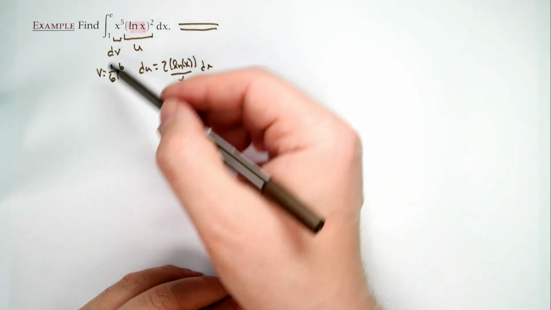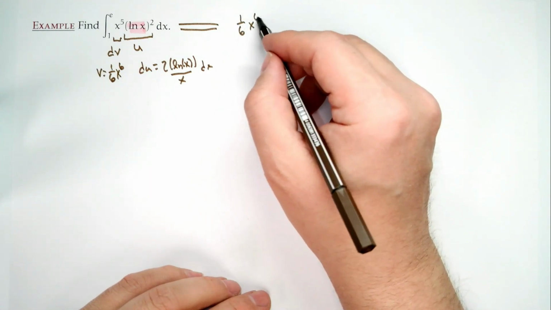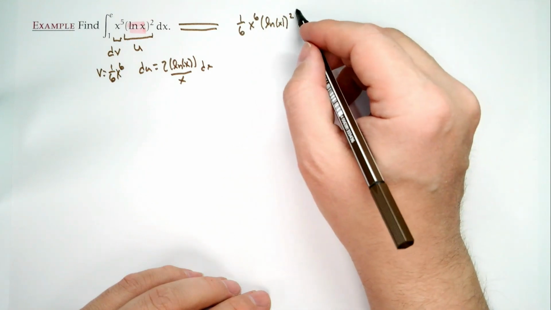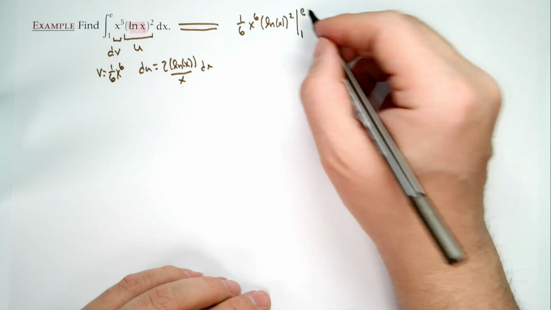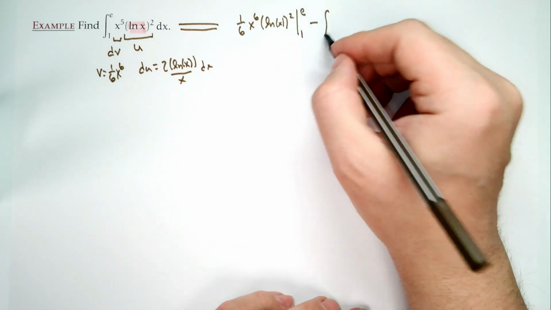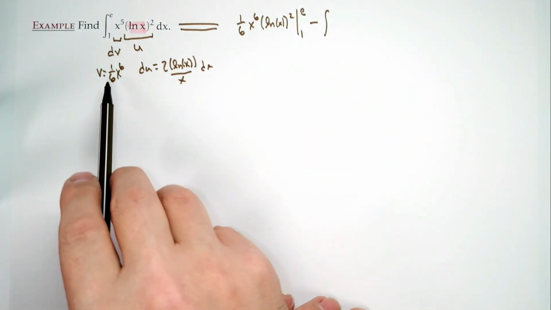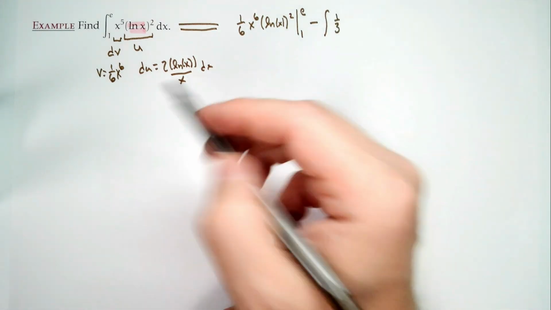So we're going to get uv, so 1/6 x to the 6 times the natural log of x squared. And because it's a definite integral, we're going to evaluate that from 1 to e. We'll take care of that in a moment. Minus the integral of v du. So let's see what we're going to do. We're going to have a 6 times a 2, that's a 1/3.